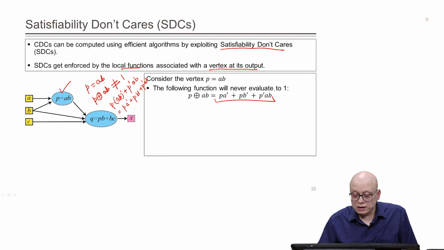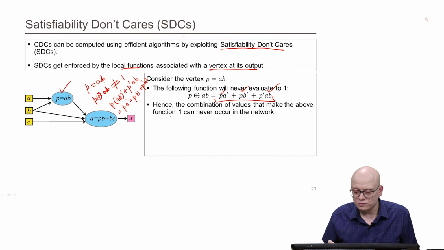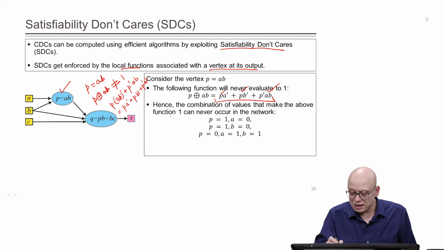Now, this function can never take a value of 1, meaning that all these three implicants, or terms, will always be 0. So, the combination of values that make the above function 1 can never occur in the network, and therefore this has to be 0.